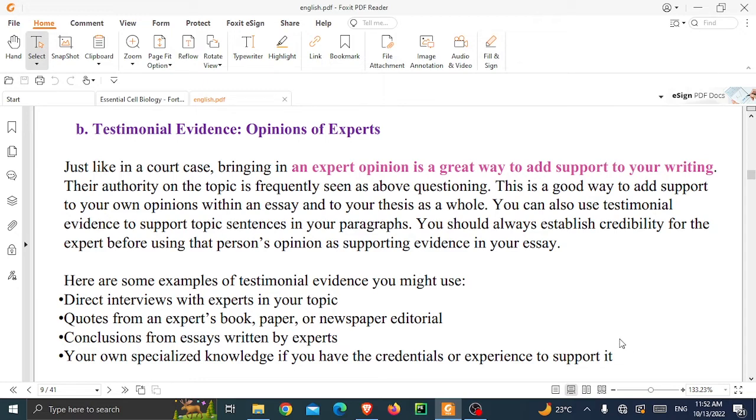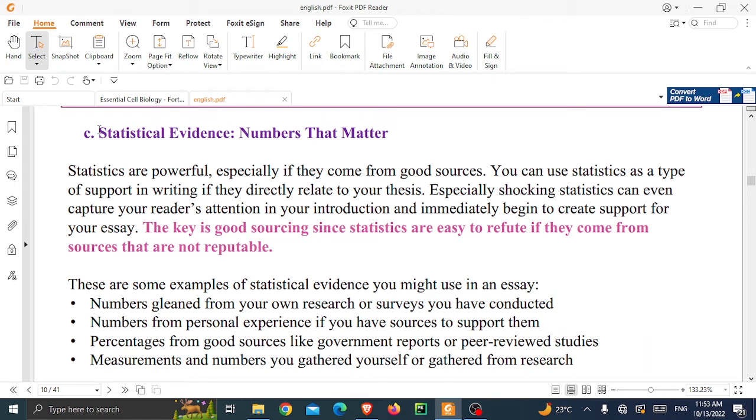an expert in. We have the third type of evidence, which is statistical evidence, which means numbers that matter. Statistics is an extremely powerful form of evidence, especially, let's focus on that, I will repeat it again, especially if they come from good sources.